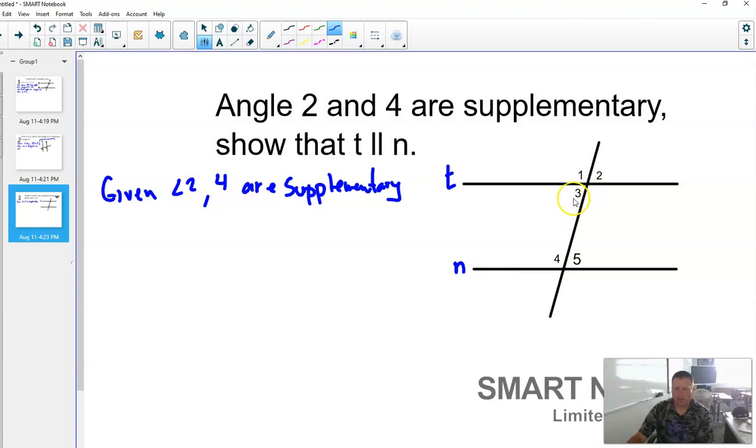The other thing I look at here is where I need to bring in my vertical pairs, which have nothing to do with parallel lines, or I need to look at any linear pairs as well.